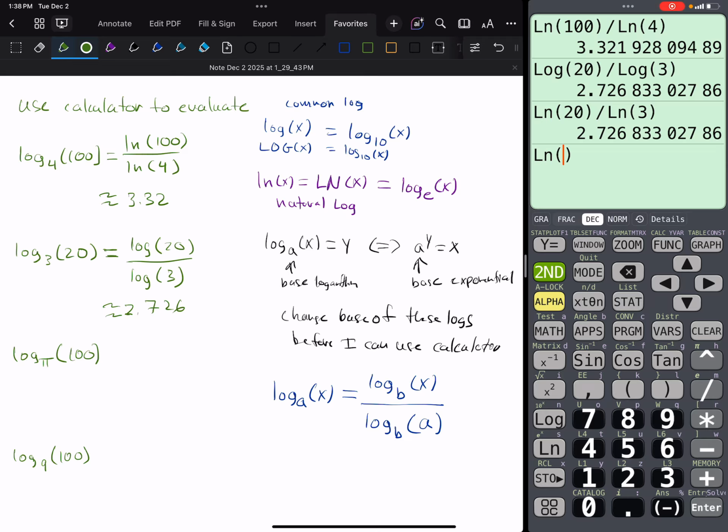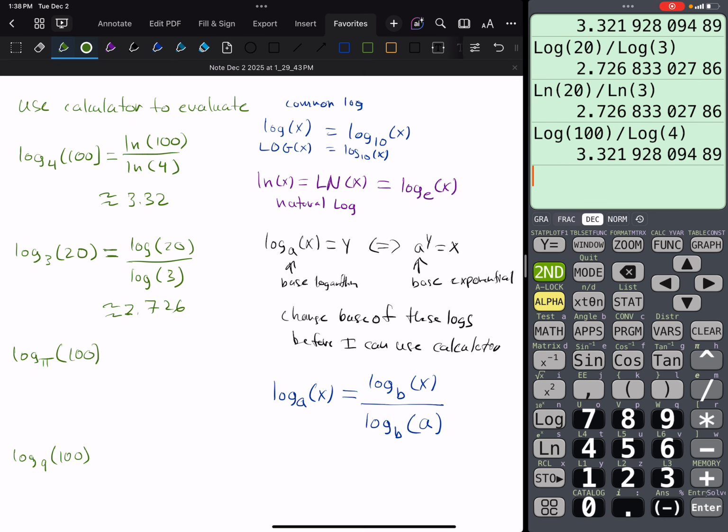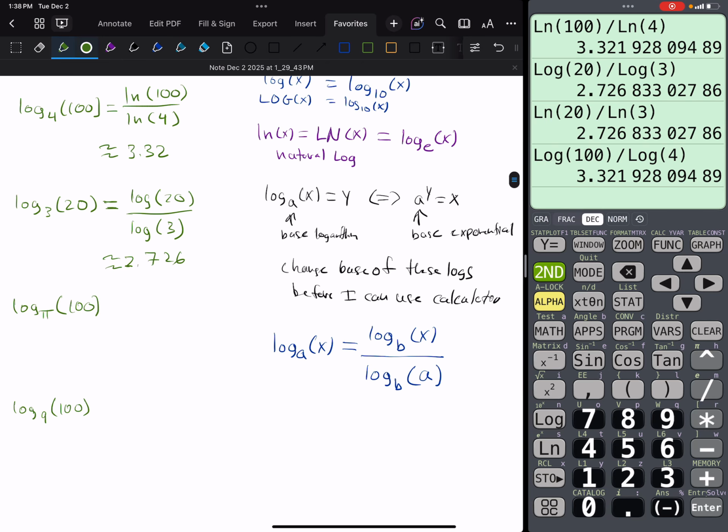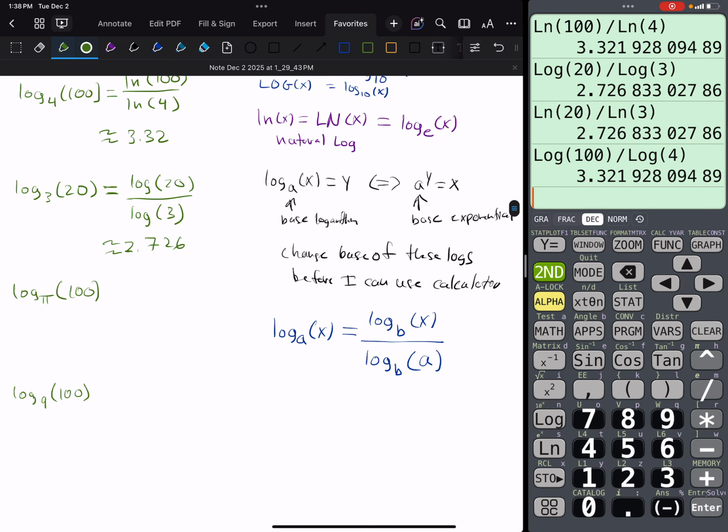And if I do log of 100 divided by log of 4 instead of natural logs, take a look, I got the same value. So you can see that I can change this to any base I want, and this ratio will still be the same, because I'm actually evaluating log base 3 of 20 or log base 4 of 100. I'm just doing it by converting my bases to something else.